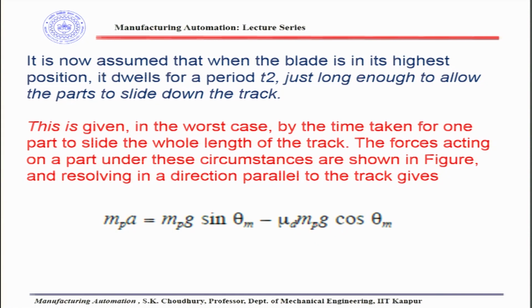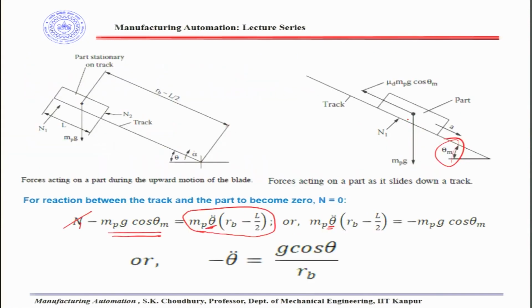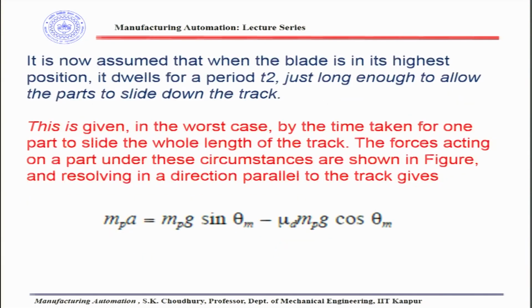From here you can see that this is the mu d mpg cos theta m, and here it will be mpg sin theta m. The difference between them, because these are in opposite directions, is equal to mp into the acceleration.